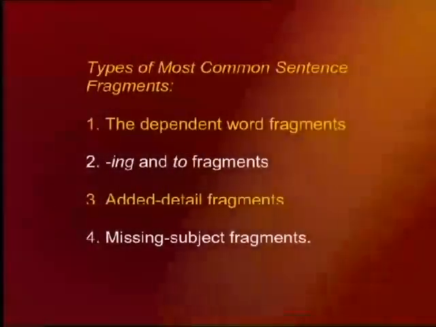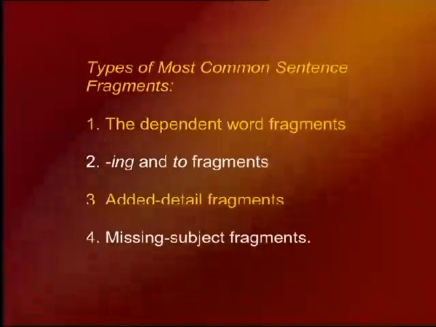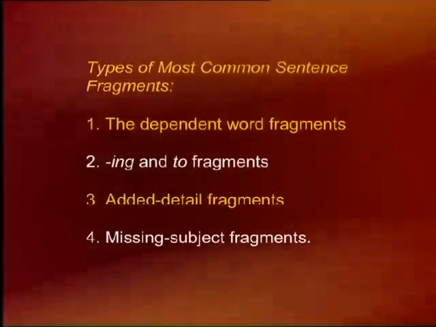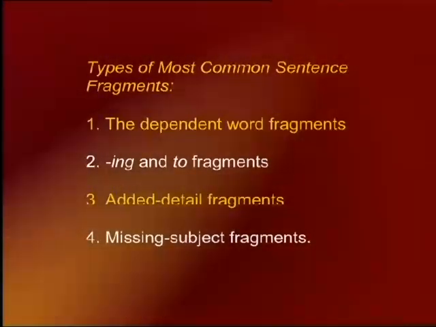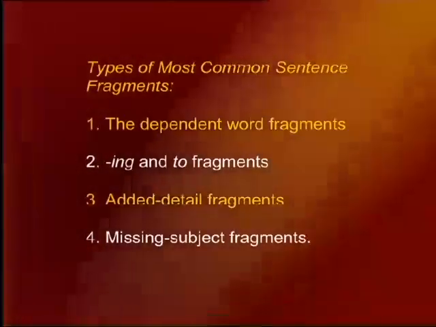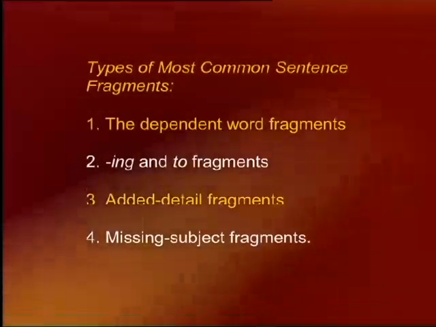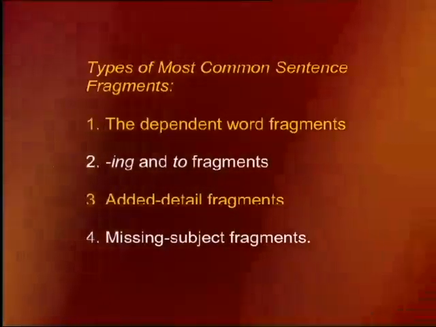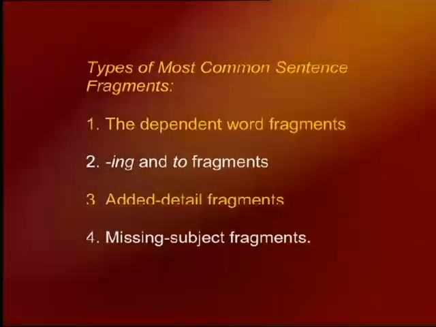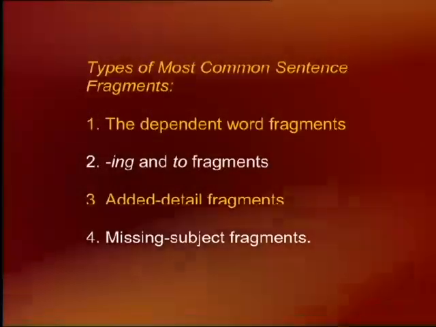We shall now look at the most common type of sentence fragments. And these are 4 types. Number 1, the dependent word fragment. Number 2, the ing and to fragment.